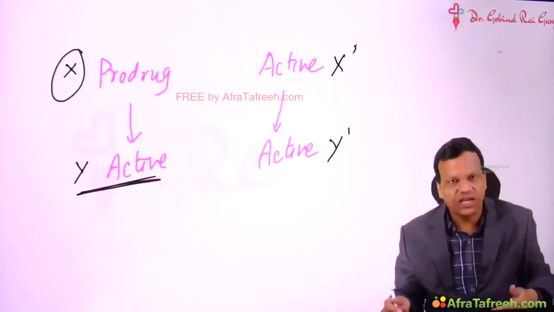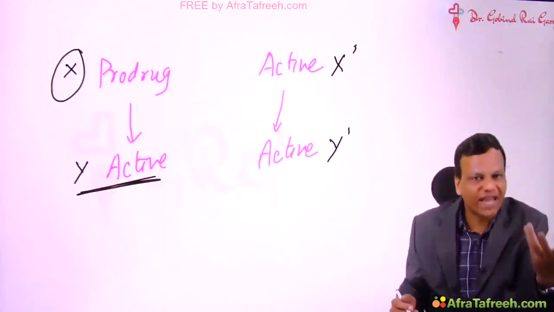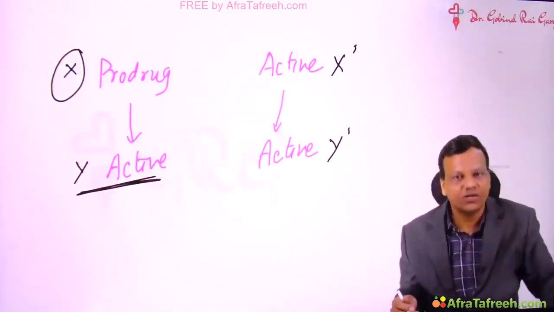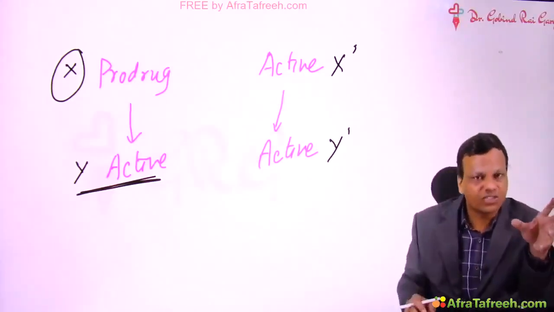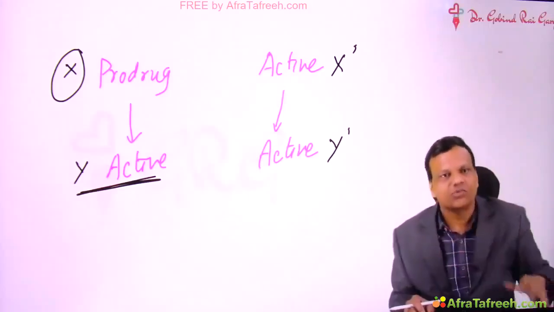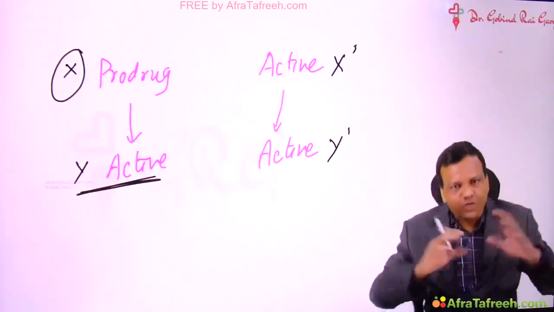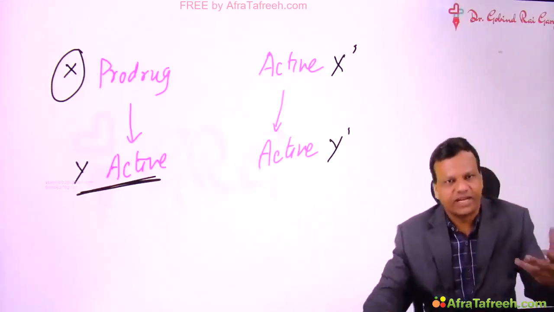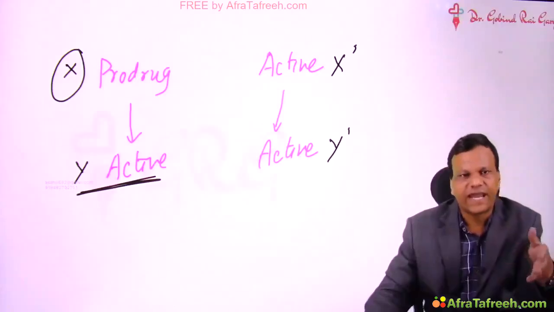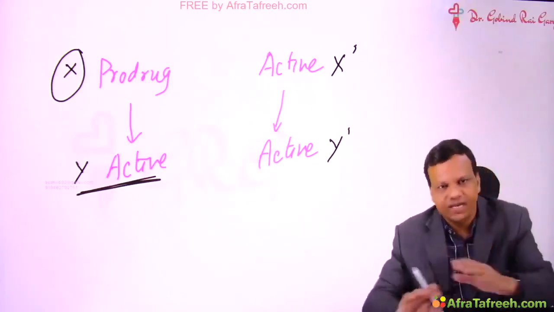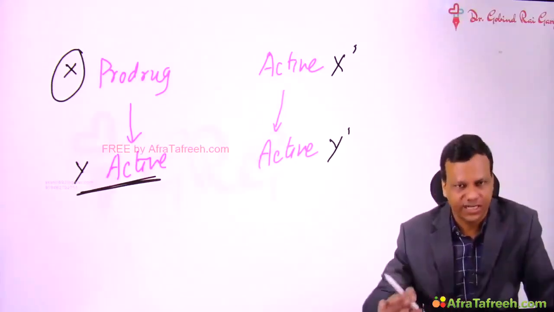Or if we measure Y, we do not know how much X to give so that an adequate amount of Y is produced. Or if we measure both, we do not know what percentage of action is contributed by one and how much by the other. So it is usually not useful to measure the plasma concentration in case of drugs which are activated in the body. So usually TDM is not indicated for such drugs.